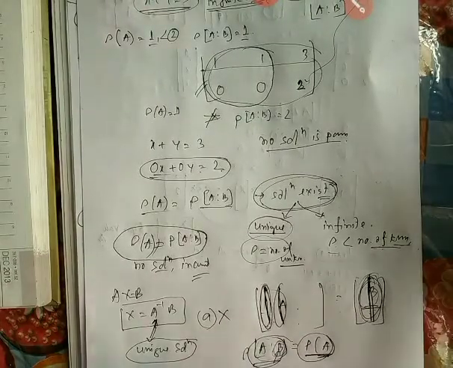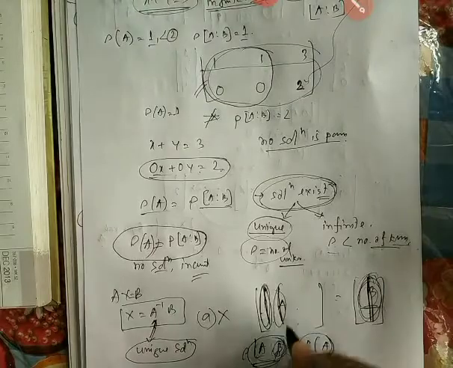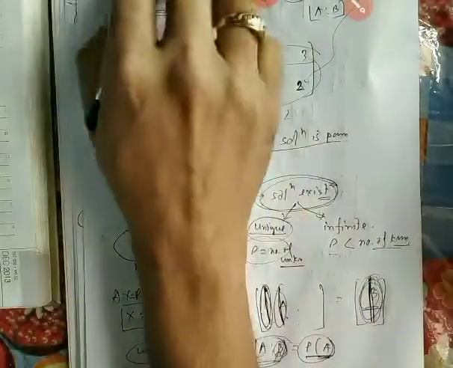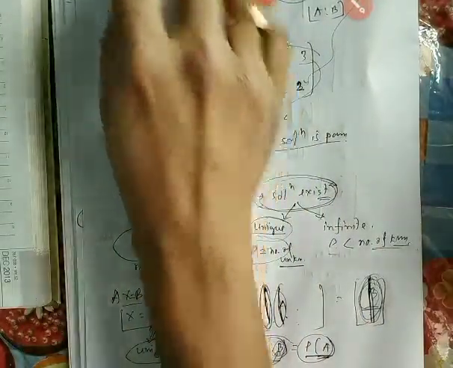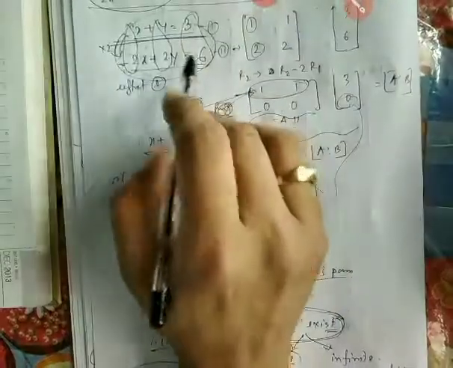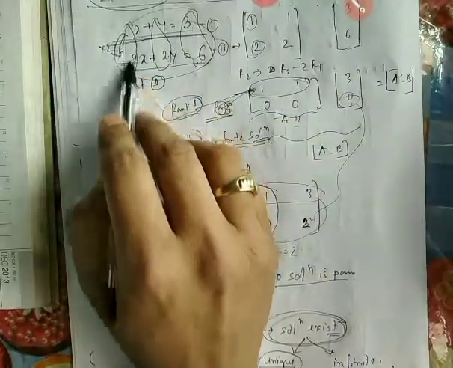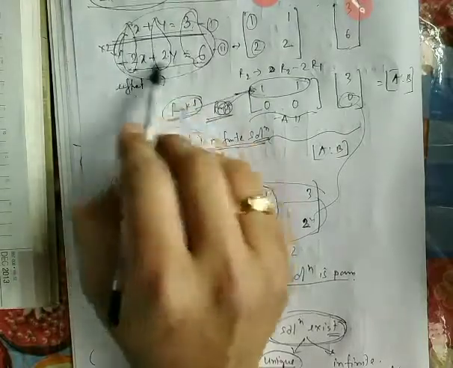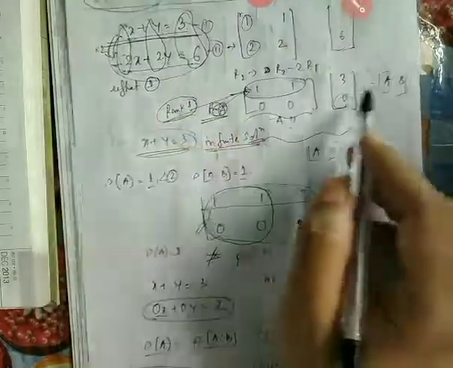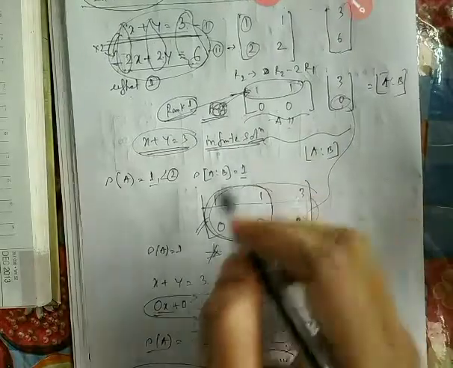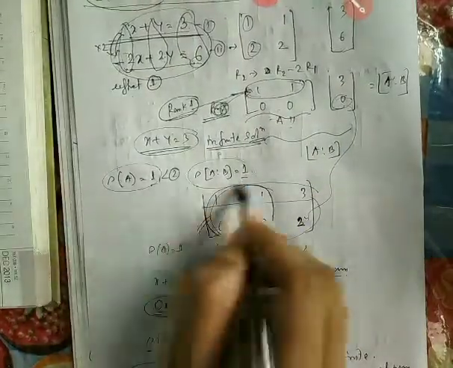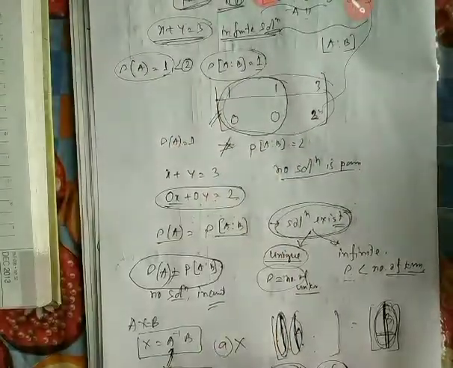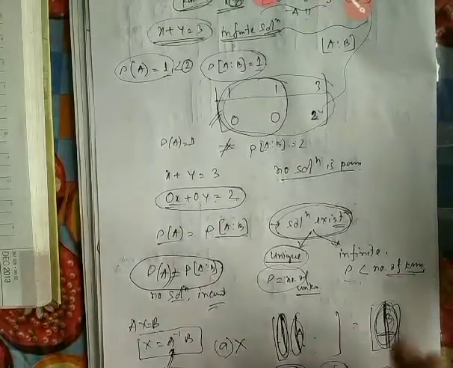Inclusion of B will not create any effect if B is depending on A. You can think of this condition: 1 2, 1 2 and 3 6. Here B, that is 3 6, is depending on the column. Suppose this one, 1 2, multiplied by 3 is 3 and then 6. If you take the rank, both the ranks are equal, both are 1. So this is the condition. That's why option B is the correct option for this one.